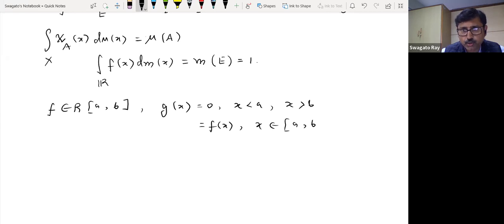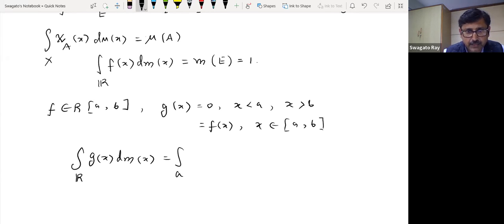You can very easily show that this function is Lebesgue measurable, and the Lebesgue integration over R of g x dm x is actually the Riemann integration of the function f x dx from a to b, if I already assume f to be Riemann integrable.